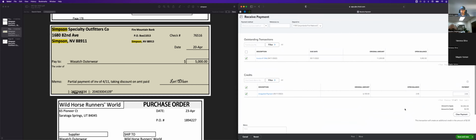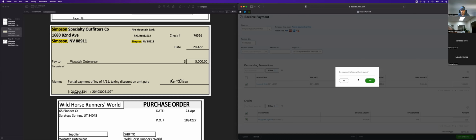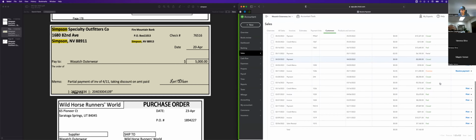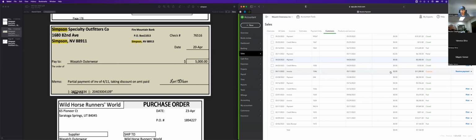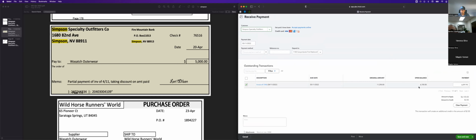Why is there an open balance of 2.05? Where's this open balance coming from? 11,000. Cancel, yes. Overdue. 6,100. Seven close.